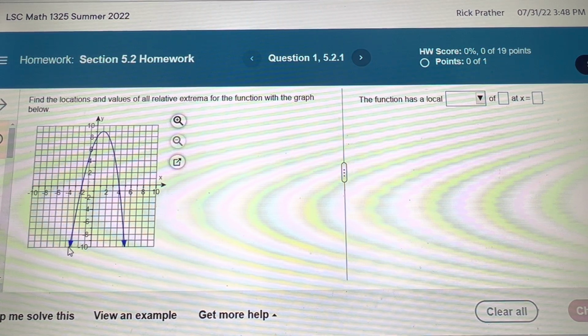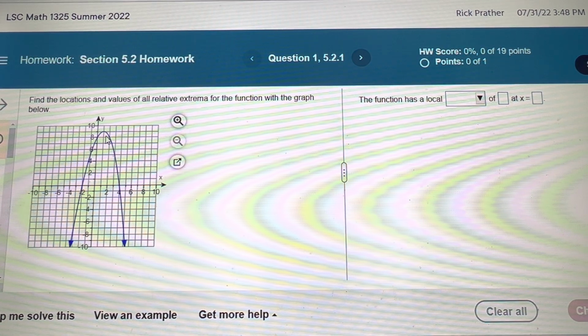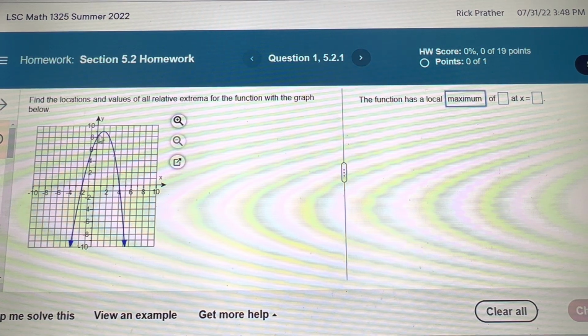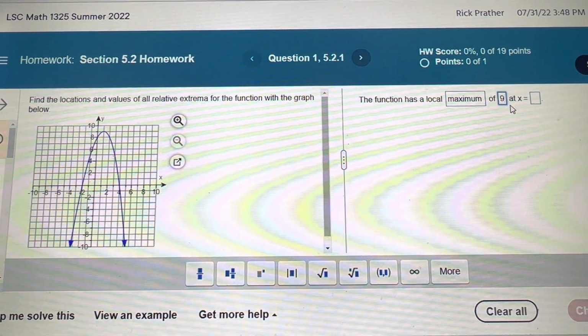So this graph only has one of them. It has a relative maximum right there. And the location means the x-coordinate, the value means the y-coordinate. So there is a local maximum of, meaning the value, of 9 at the x value of 1.